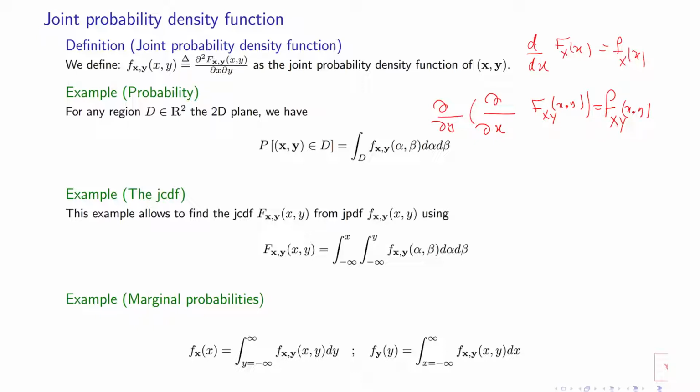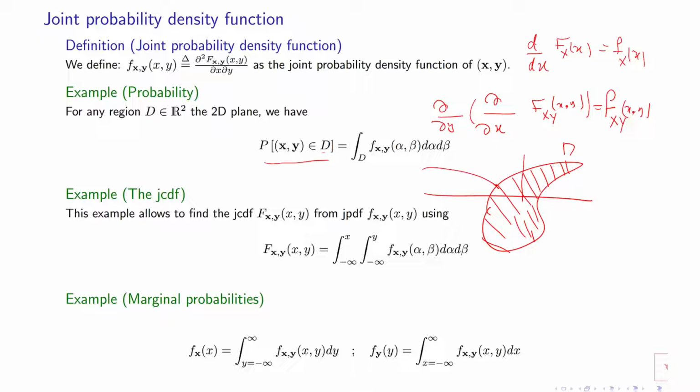Now, we want to say that we could define the probability of the random pair x and y being in any arbitrary area. You remember that if I have any arbitrary area D, I want to calculate the probability of the random pair being in this area. In the first example, I claim that the probability of being in this area is defined by this integral.